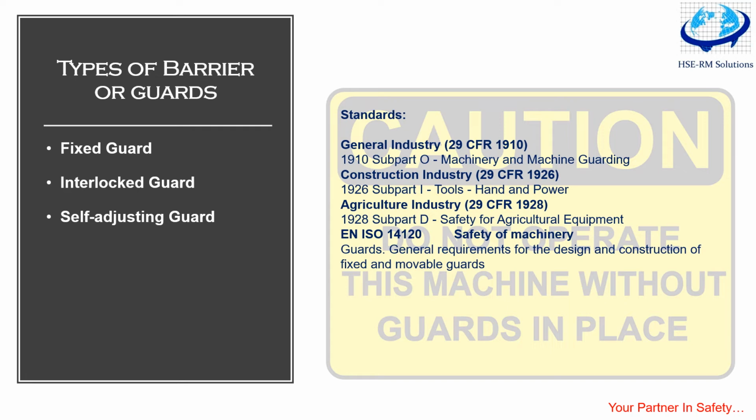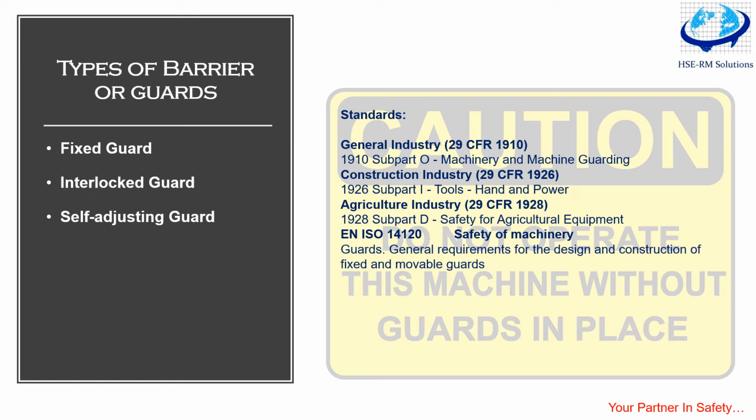Let us repeat: the interlocking guard, also known as a barrier guard, automatically shuts off or disengages the power source. This is very important when the guard is open or removed. These are particularly useful for situations where the operator needs to open the guard or access the guarded part of the machine, such as when clearing jams.